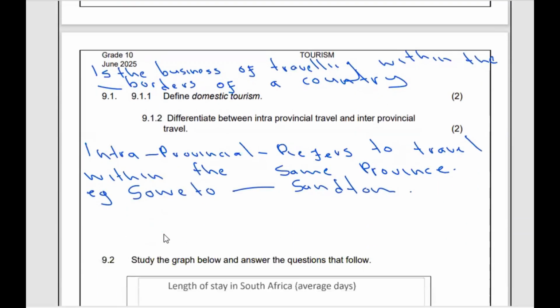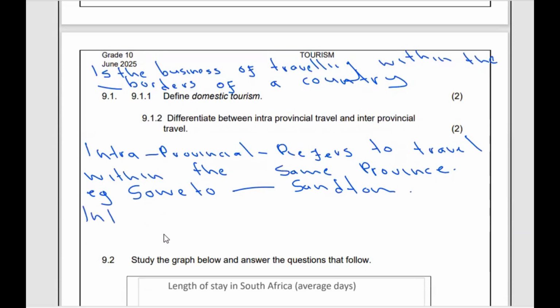For example, if you are living in Gauteng, when you travel from Soweto to Centon, that's intra-provincial travel. So you are traveling within the same province. You are not crossing the provincial borders.